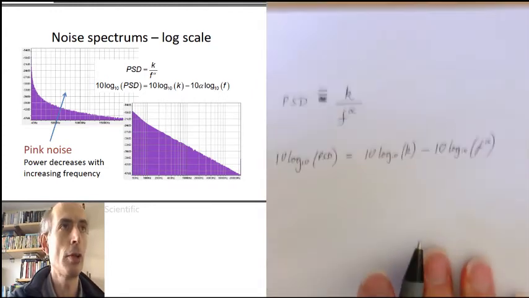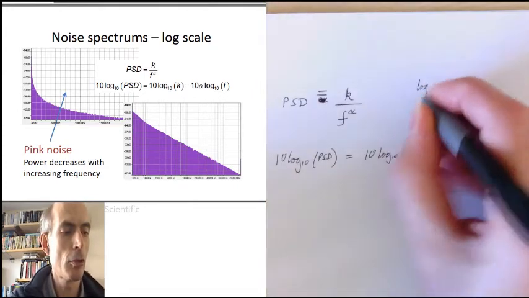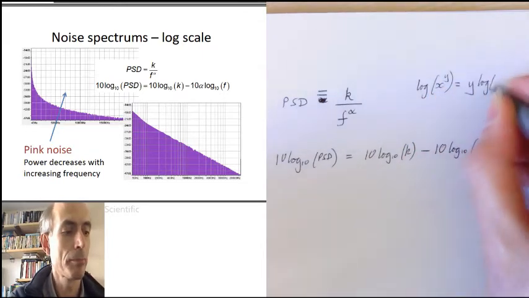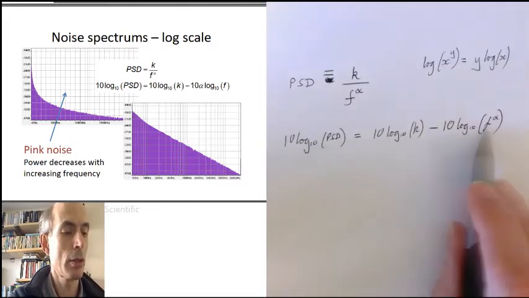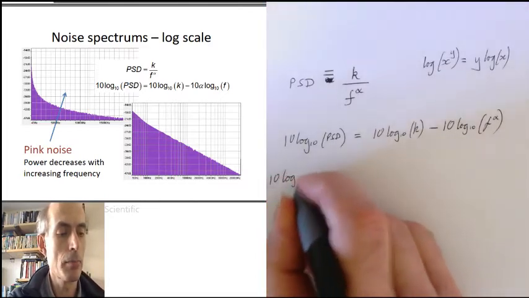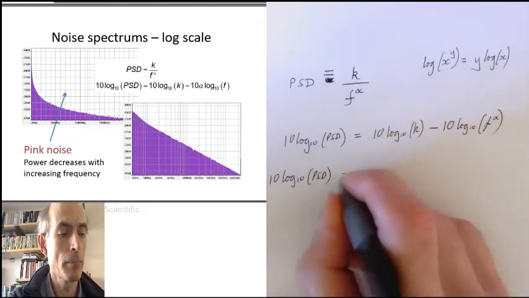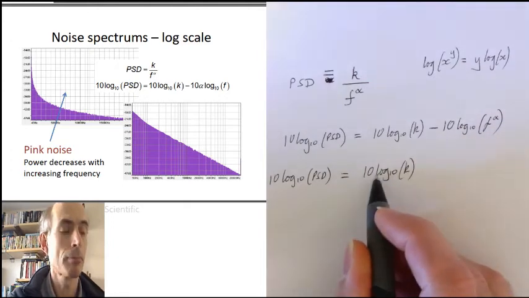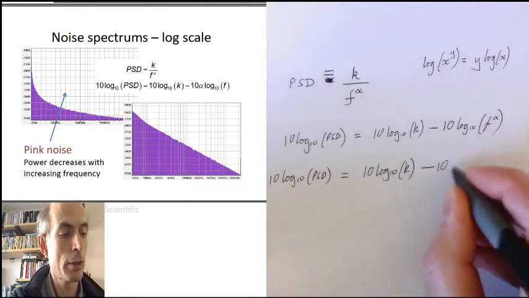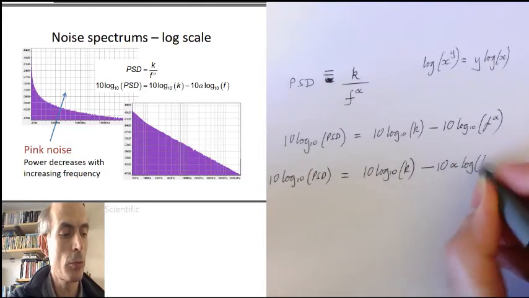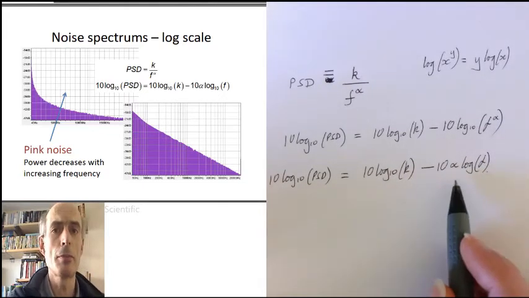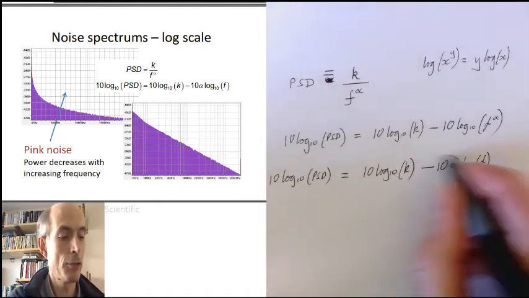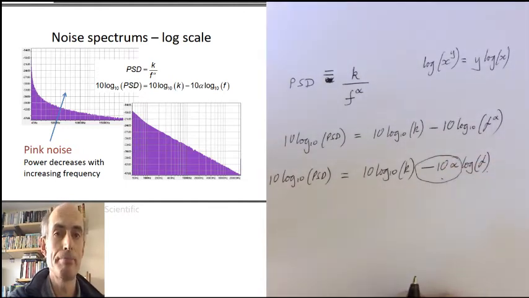Using the useful property of logarithms, that log of x to the power of y is equal to y times log x, we could write this as 10 log 10 of the power spectral density is 10 log 10 k, that's just a constant, minus 10 times alpha log of frequency. And this is the equation of a straight line. The gradient of the straight line is minus 10 alpha.